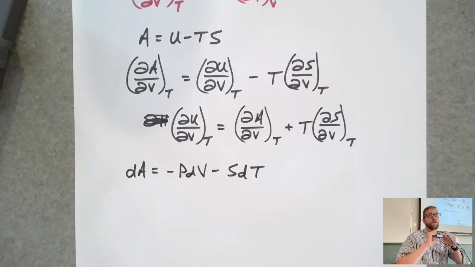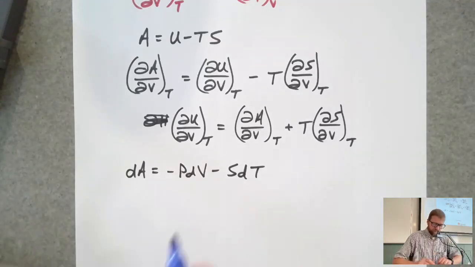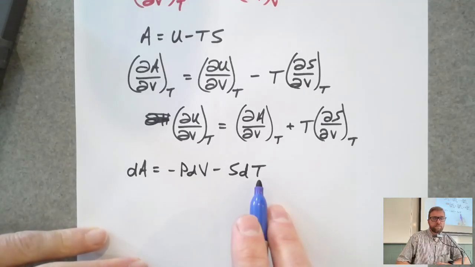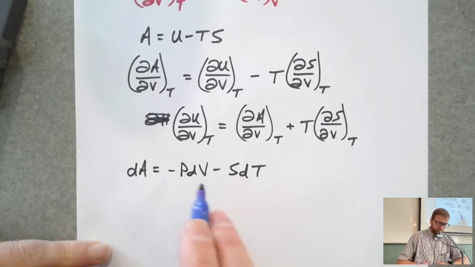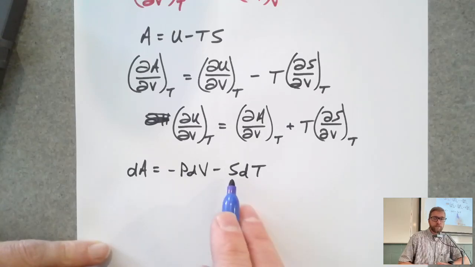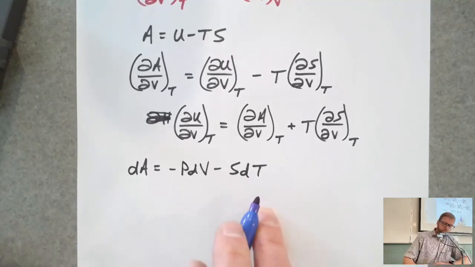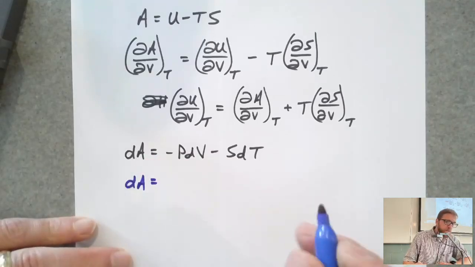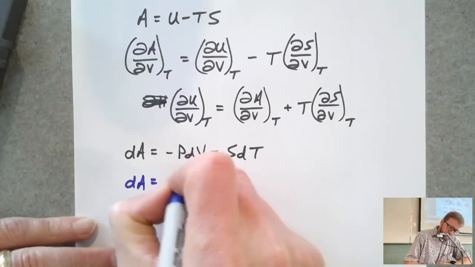P and S, those are not its natural variables. Volume and temperature. Remember, these are the independent variables, V and T. It's the thing that you integrate over. Everything else is a dependent variable. So pressure is a dependent variable. Entropy is a dependent variable, right? These are your two independent variables. So I could write out the differential of A in terms of its natural variables, just like this.